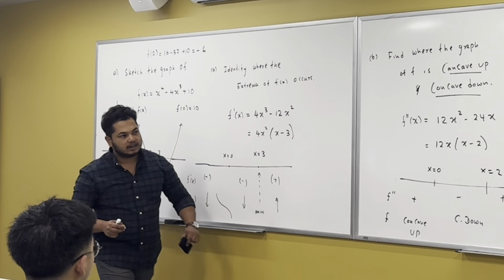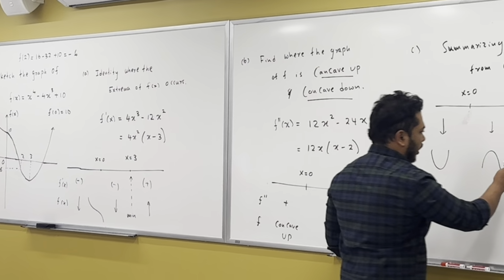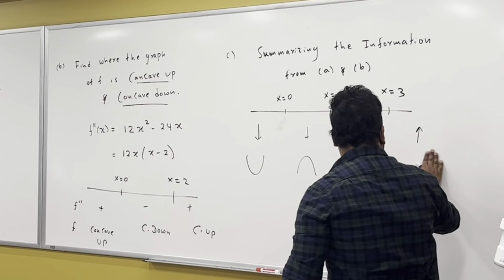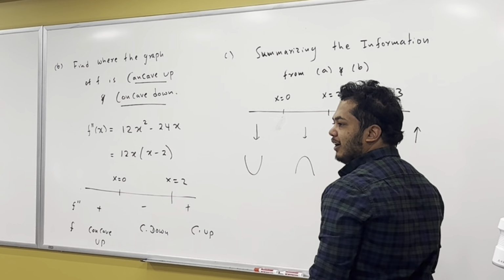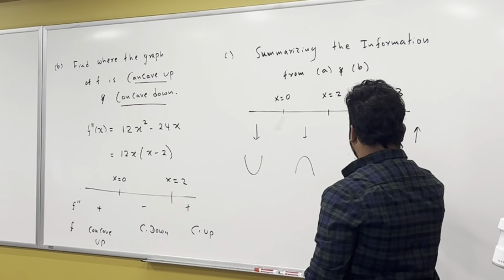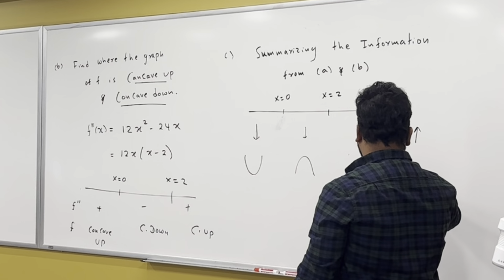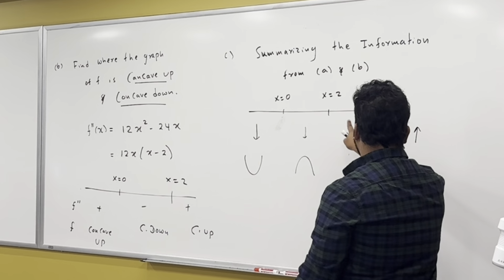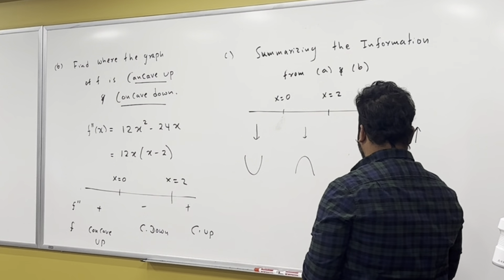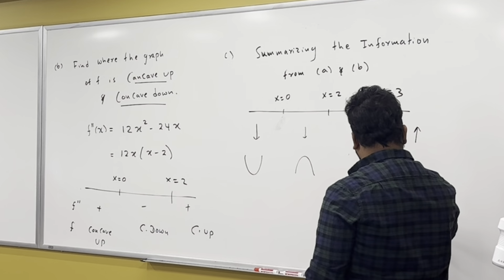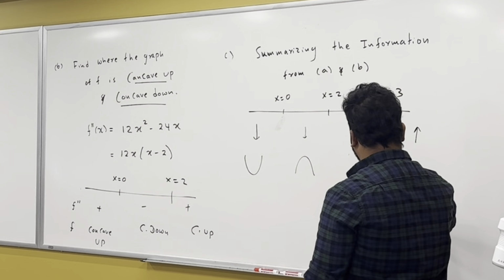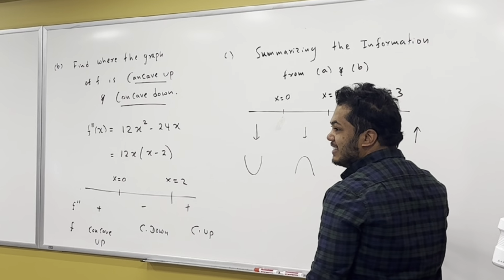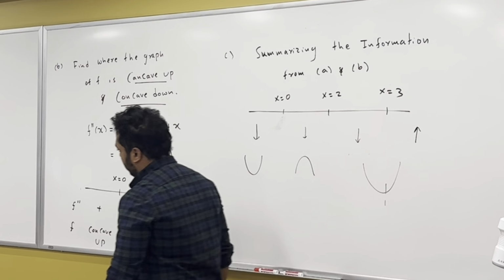So that's why I draw it like this. I could consider just drawing it like a concave up if I want, right? But I want to tell you, even though this is concave up, from here to here, it's 2 to 3, okay? This is my turning point, the minimum, which happens at 3.